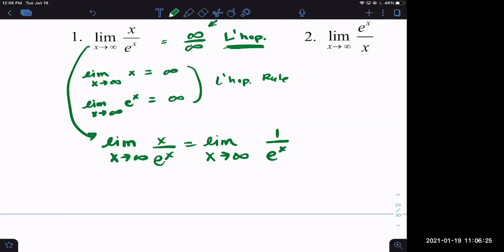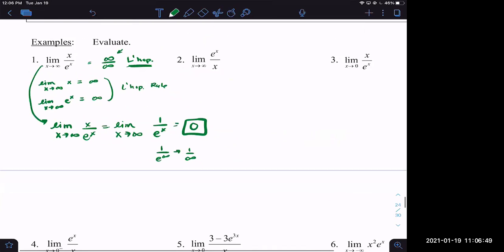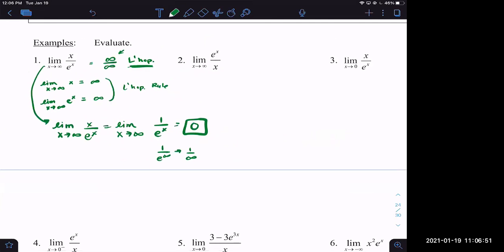If I plug in infinity, I'd have 1 over e to infinity, which is really just like 1 over infinity. So what's 1 divided by a giant number? A really small number, what does it approach? 0. Very good. So 1 divided by infinity is 0. 1 divided by like a million approaches 0. Okay, so that answer is 0.